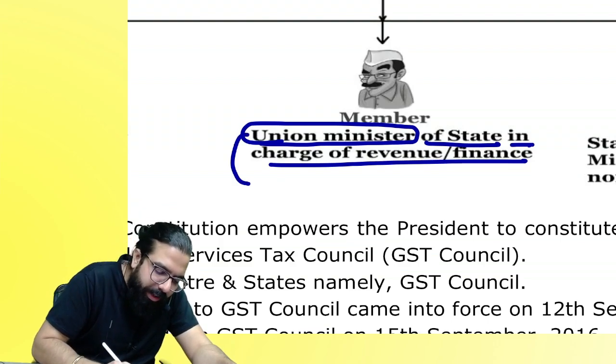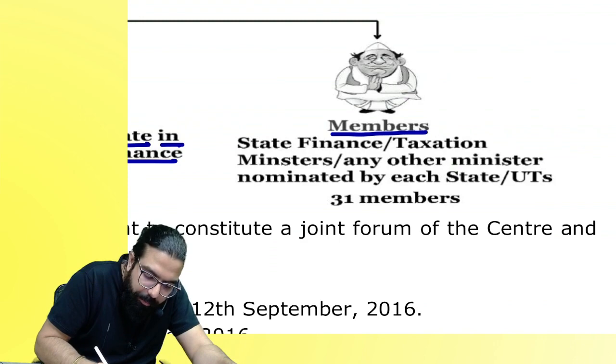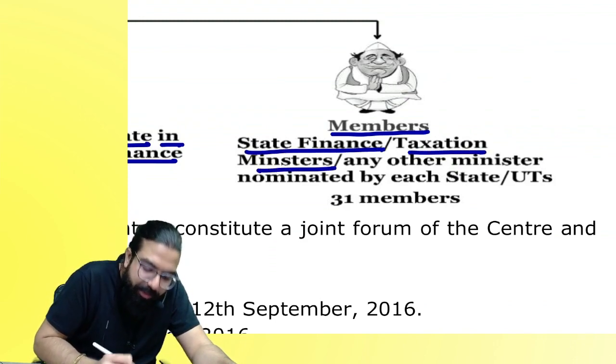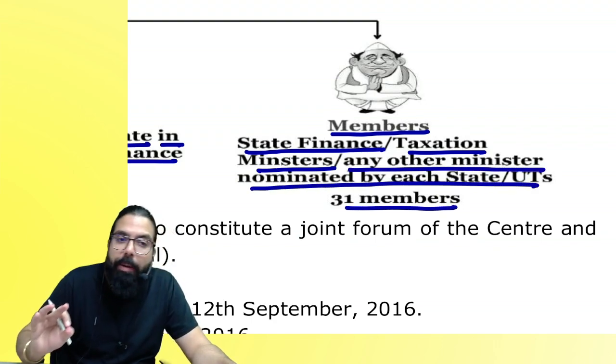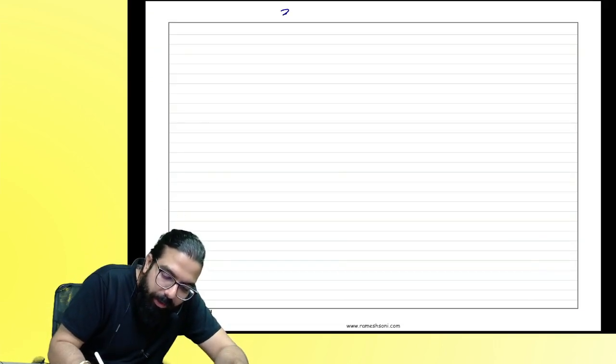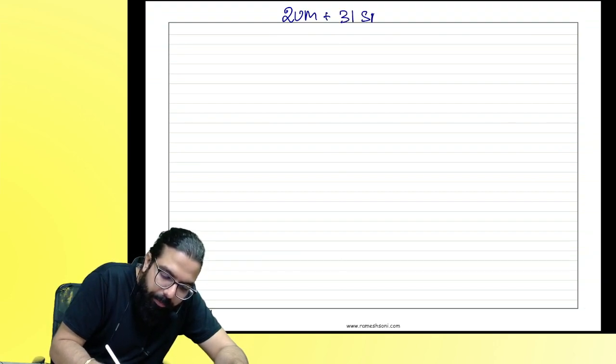Revenue. Again, central government or state government member? Central government. And 31 states' state finance ministers or taxation ministers or any other minister nominated by each state. How many members? 33. 31. Baba, two union members, 31 state members. How many?